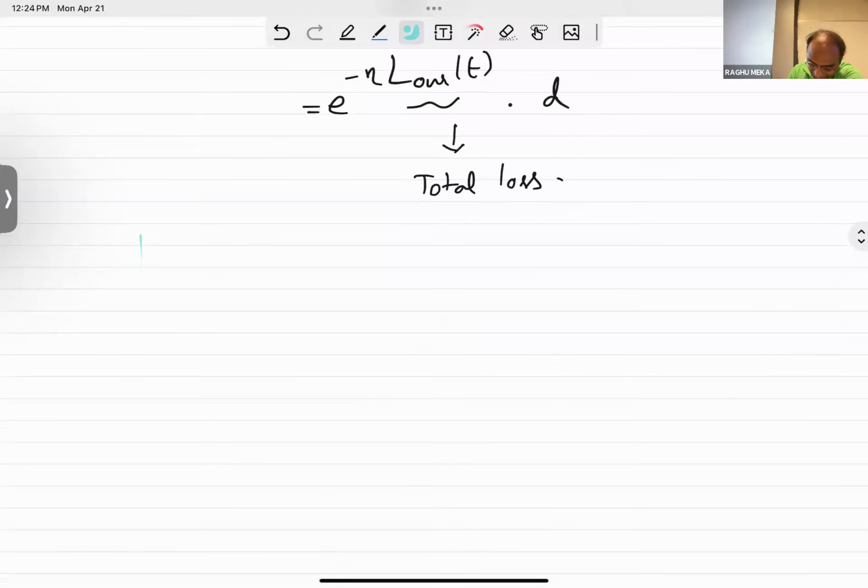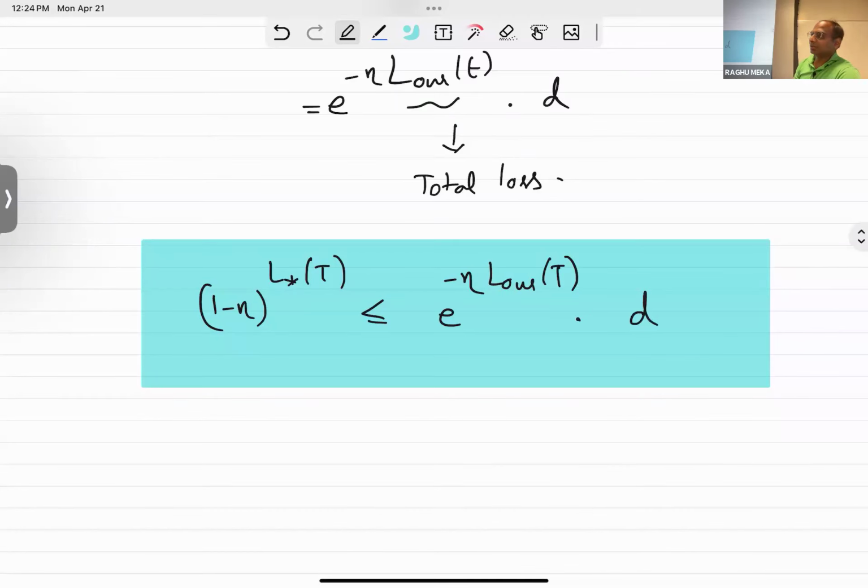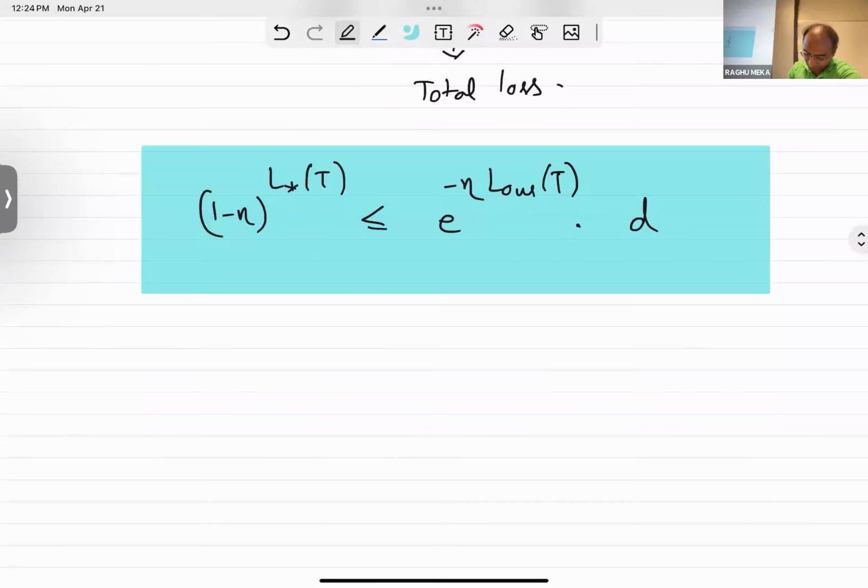Okay. So the punchline is we have the following relation between the loss of the best expert and the loss that the multiplicative weights algorithm incurs, which is very similar to what we had for the weighted majority and so on, except we have 1 minus eta here and eta instead of some fixed constants. Okay. And now you just have to simplify it.